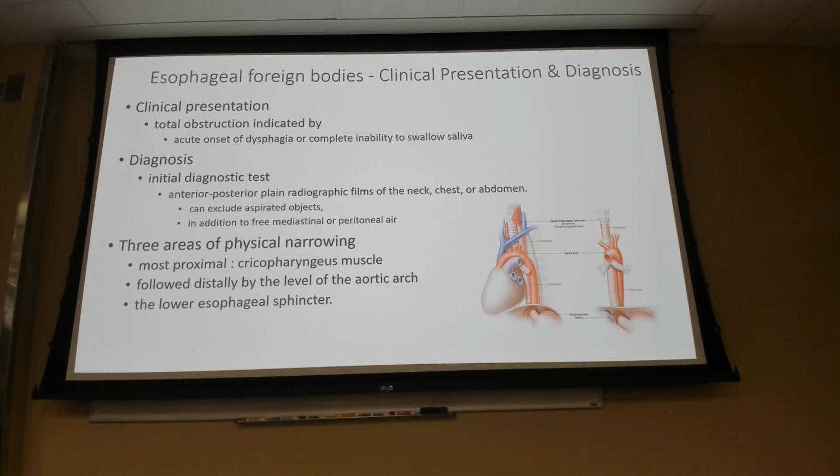That's when they'll typically complain of more concerning symptoms like dysphagia and drooling, but they should otherwise be hemodynamically stable. If they're stable, then get plain films, and possibly consult for a scope if it's still in the esophagus, to see if they can remove it. If it has already passed and it's not one of those concerning sharp objects, we'll talk about other issues too, like button batteries, which are always the worst.